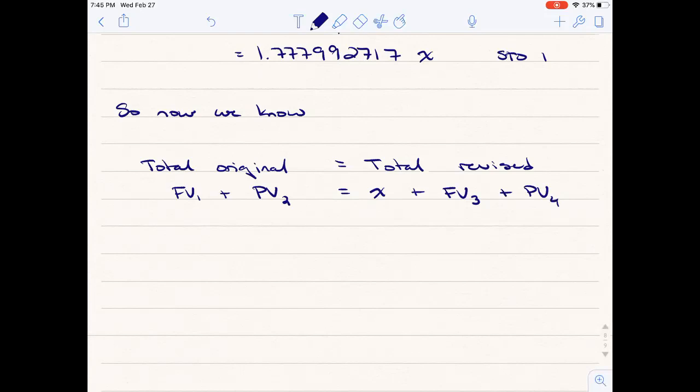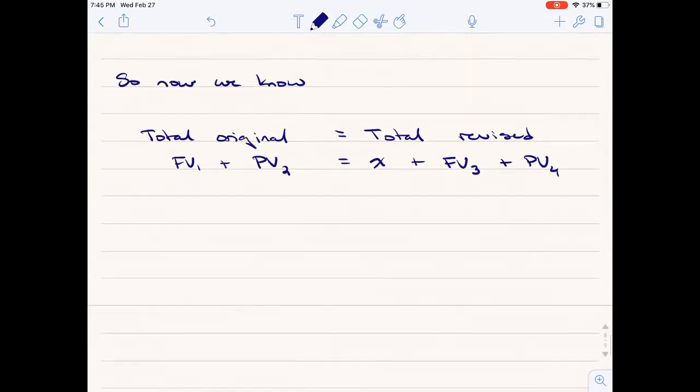We have all these values now. So what we can say is that's the same as 1,824.98 plus 2,222.49 has to equal x plus 1,124.86 plus, I ran out of room.